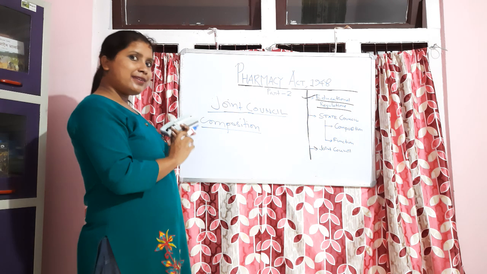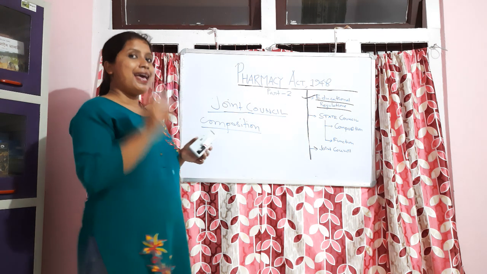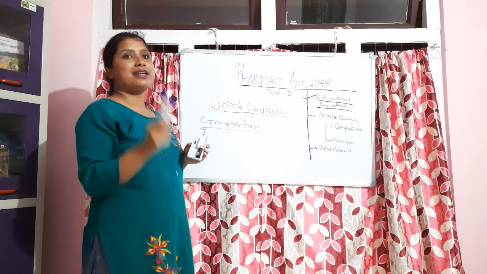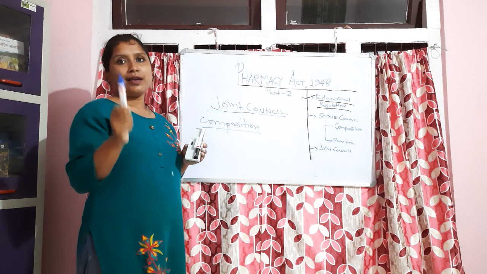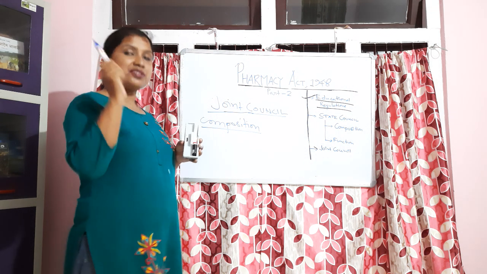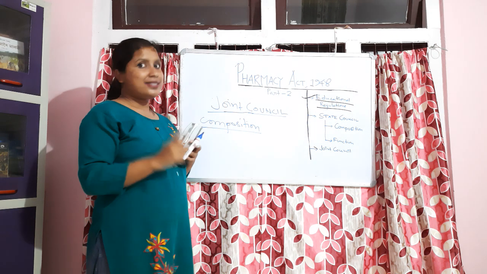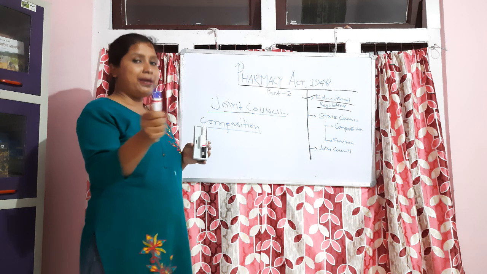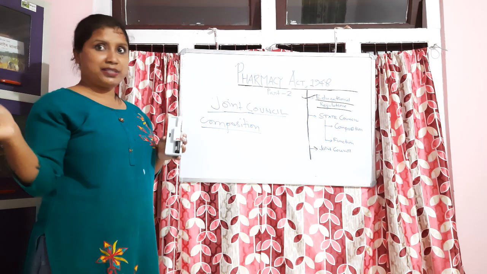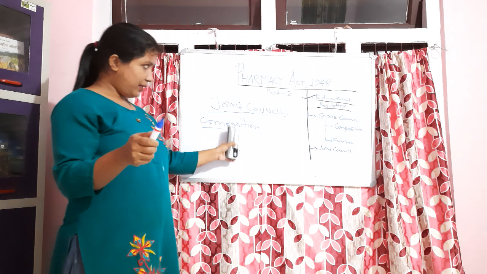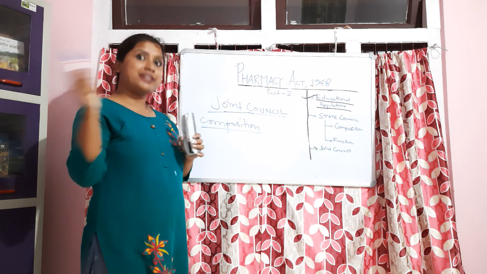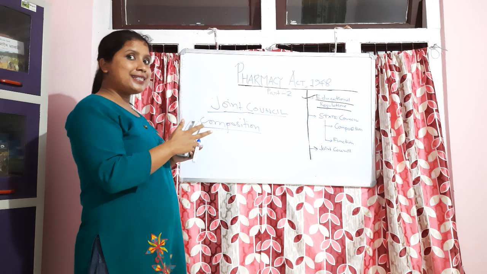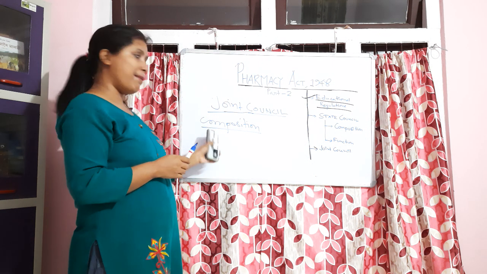So not less than 3, not more than 6 elected members from the registered pharmacists of the respective states. In the state council, the elected members come from only one state. Likewise, in this joint council, from both states, the registered pharmacists will elect not less than 3 and not more than 6 members.